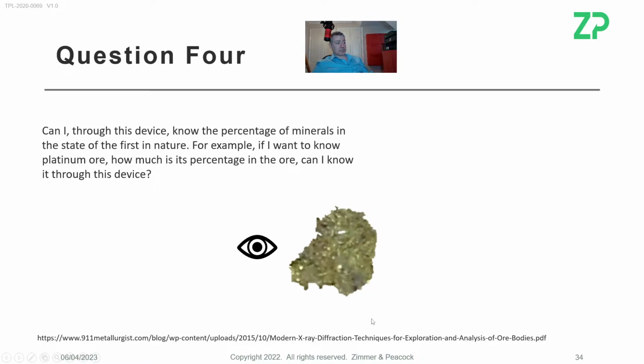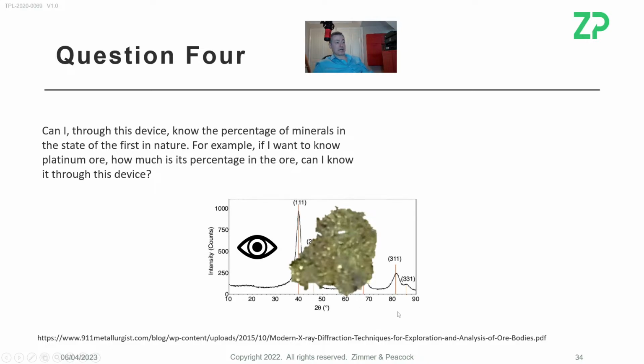It's the closest technique I could think of for non-destructively looking at a sample and being able to tell that it's platinum. Then I Googled around those ideas, and lo and behold, there's a scientific article about this. I always like the fact that as long as you know how to ask the question, in this modern day there's always an answer out there. So the answer is XRD.